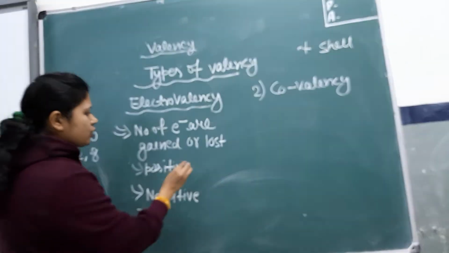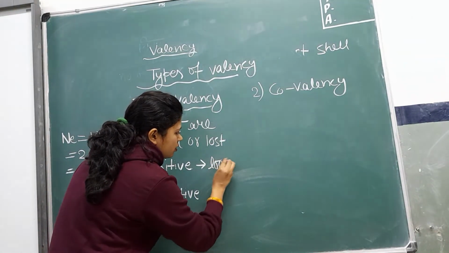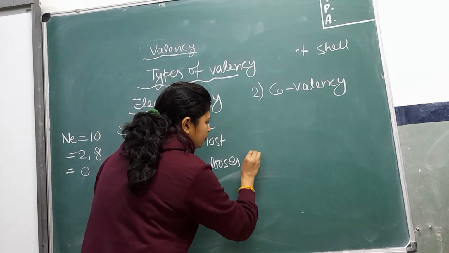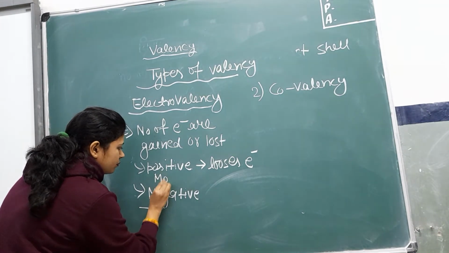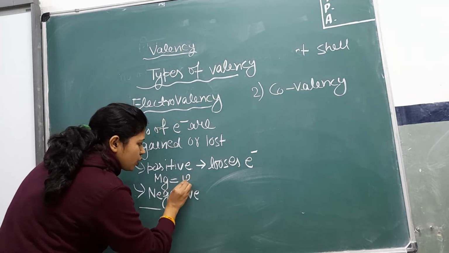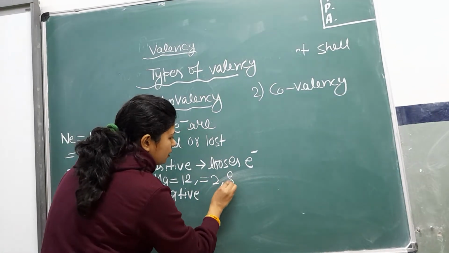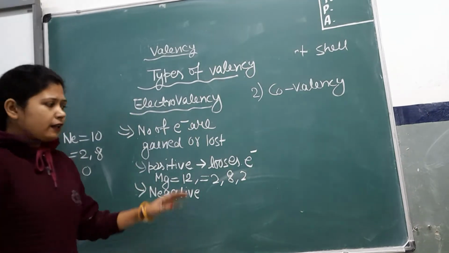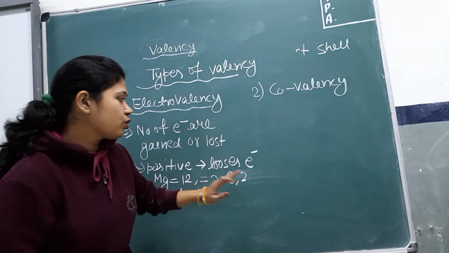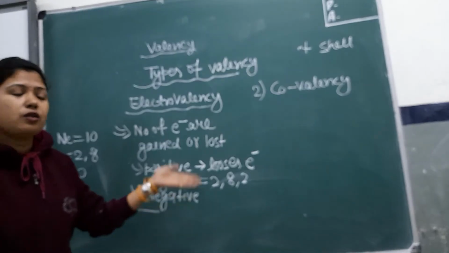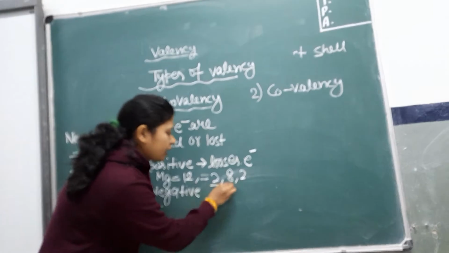In positive electrovalency, the atom loses electrons. For example, magnesium, atomic number 12, which is written as 2, 8 and 2. Here, the magnesium will lose these two electrons to make its configuration stable and to attain the octet.